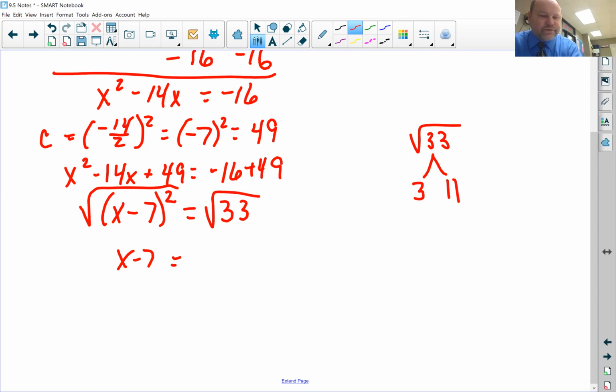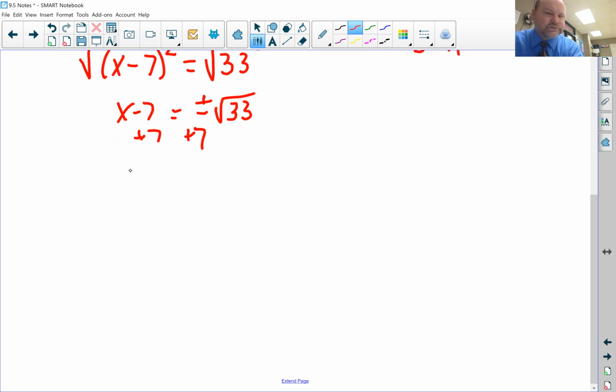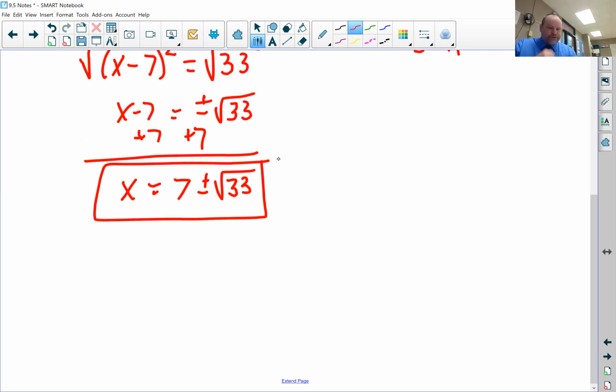So this is going to be plus or minus square root 33. Last step then, add 7 to both sides. And that's the answer.